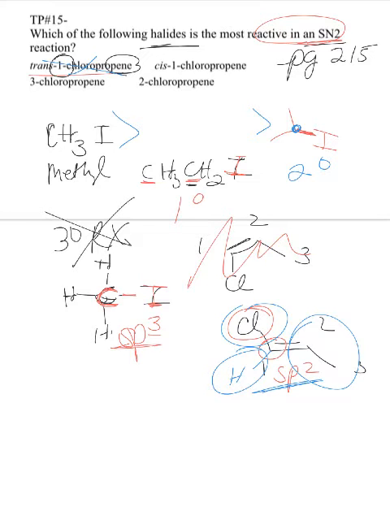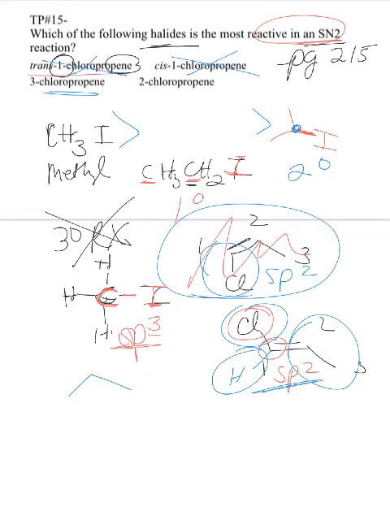Okay, so the next one is cis 1-chloropropene, which is what I drew here. And once again, that's an sp2 carbon. It has to be an sp3 carbon. The next one is 3-chloropropene. So if you have propene at 1, 2, and then this is a chloro. Now this is actually very reactive. That carbon there has 2 hydrogens on it. It's a methylene. So that would be an sp3 carbon.